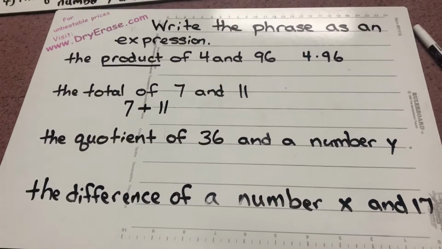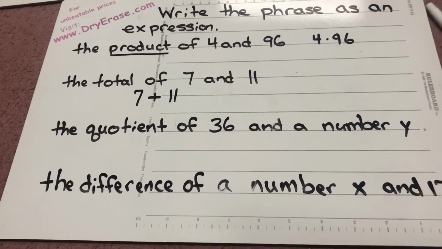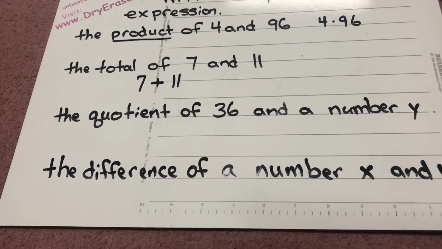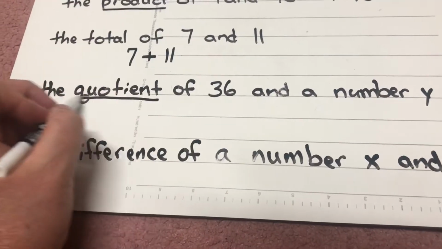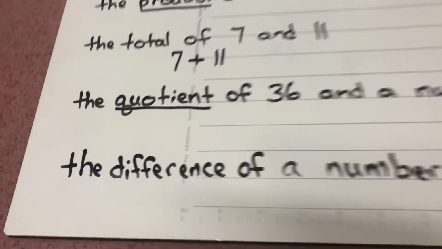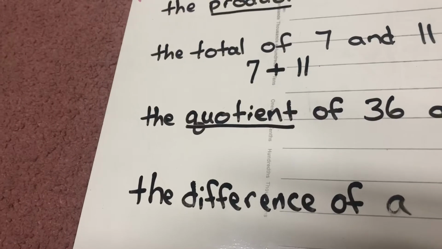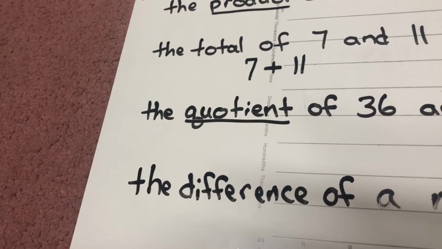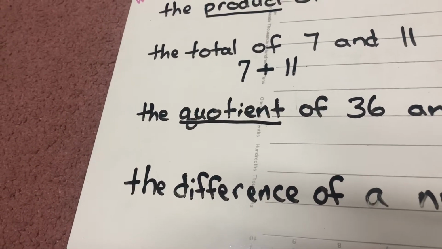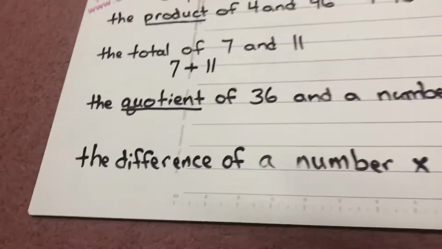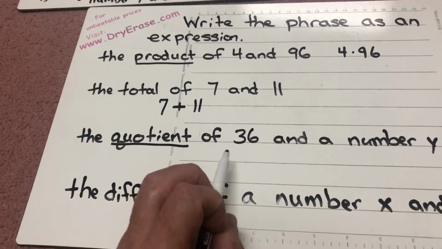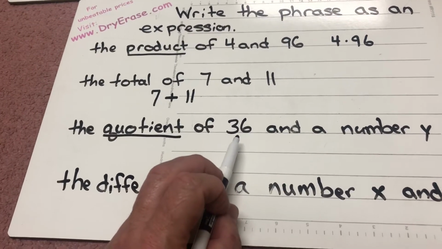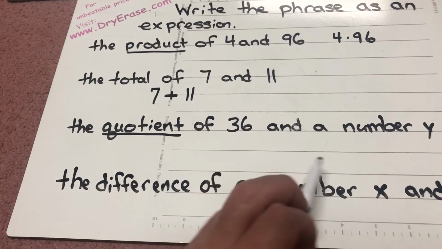The next one, the quotient of 36 and a number y. I really want you to get into the habit of putting division problems as fractions. First thing we want to remember, the quotient is the answer to a division problem. So whenever you see the word quotient, you've got to know we're talking about division here, sixth graders. 36 is the first number here, so it's got to be the first number in our division problem.